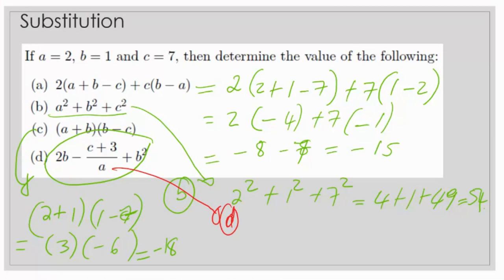A is 2, B is 1, C is 7, plus 3 over A, which is 2, B is 1 squared.